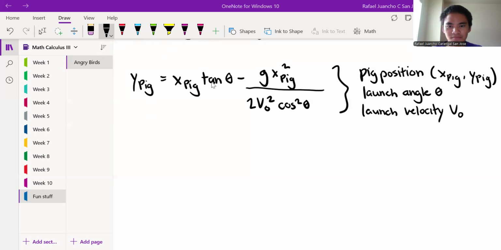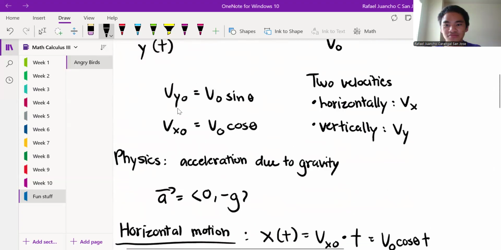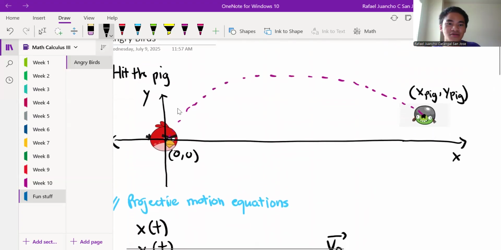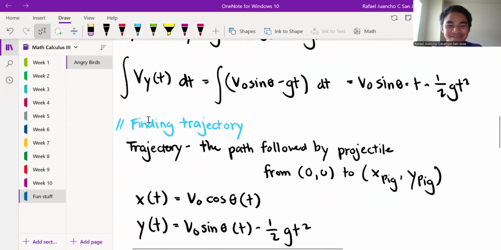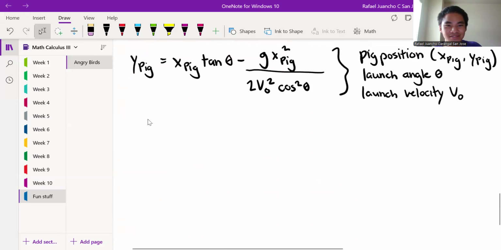So let's do that. I'm going to go back to the previous example here. Actually, let's copy paste the bird. I like doing this. Let's do a numerical example. Let's just see this in action.